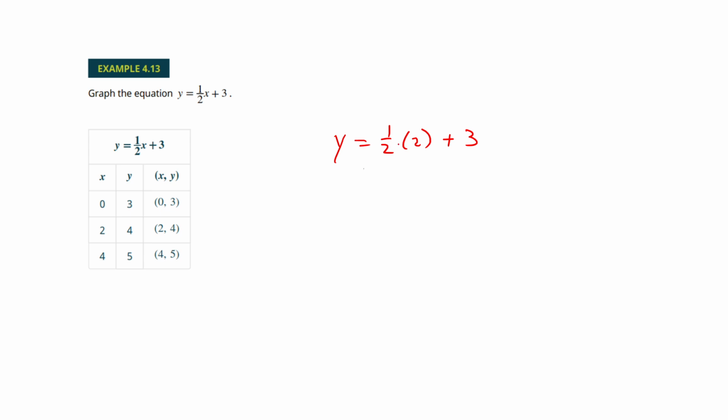If you remember how we do this with fractions, we can cancel those factors. So 1/2 times 2, they would cancel, and in case I'm confusing you here, this is what we're doing. You can cross cancel those, and you'd be left with 1/1, which is just 1. So this is going to be y is 1 plus 3. It's just a trick to make the math easier, and you'd get 4.